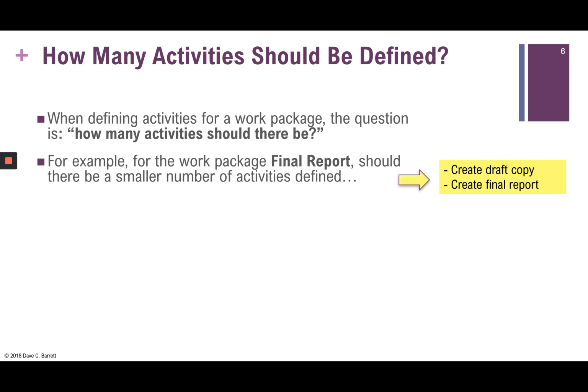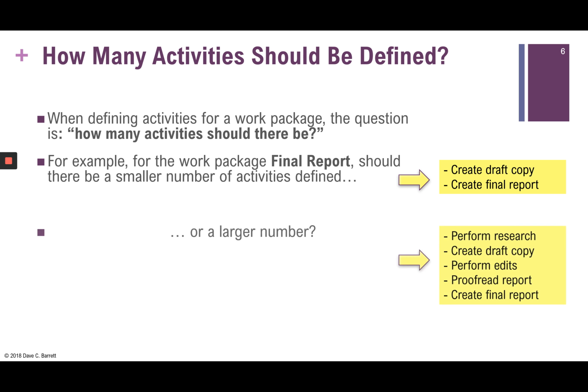Should there be a smaller number of activities defined, like, for example, here, create draft copy, create final copy? Or should we have a larger number? Should we have, in this case, 5: perform research, create draft copy, perform edits, proofread, create final copy? So which should we do? Should we do 2? Should we do 5? Should we do 10? Should we do 1? How do we know? What are the important factors to be considered?